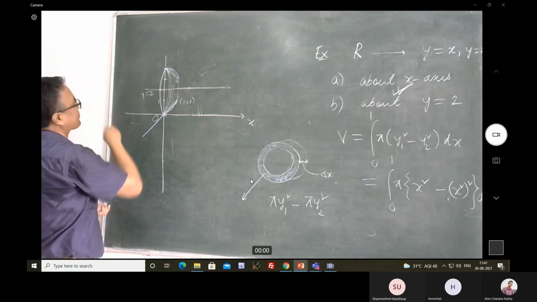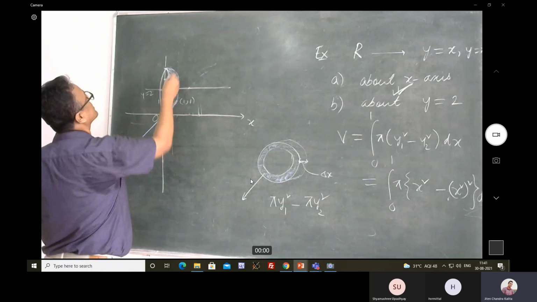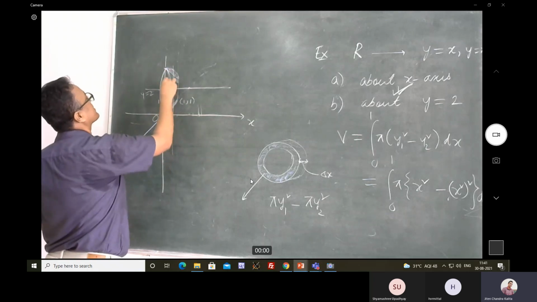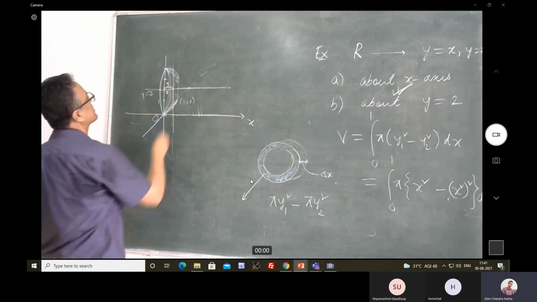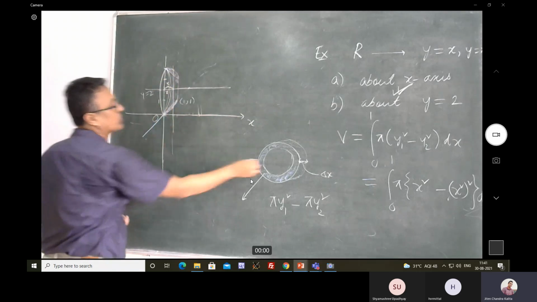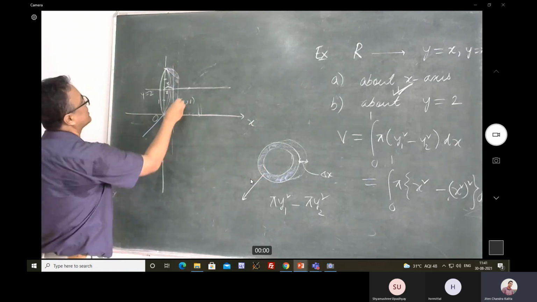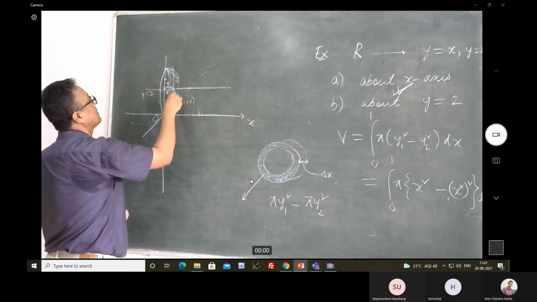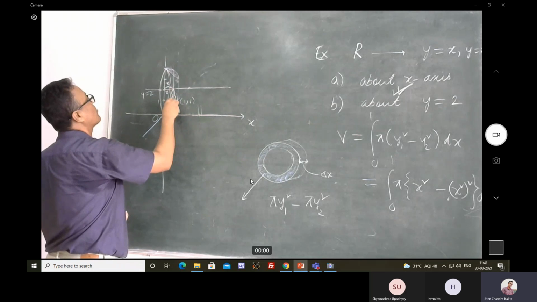Now if you consider a slice at a distance x from the origin, it is going to be like this washer. Look carefully. I will have to consider this whole length to be y1 and this length to be y2.